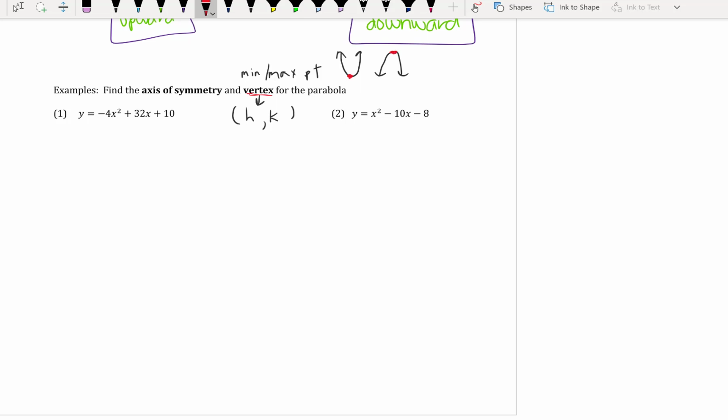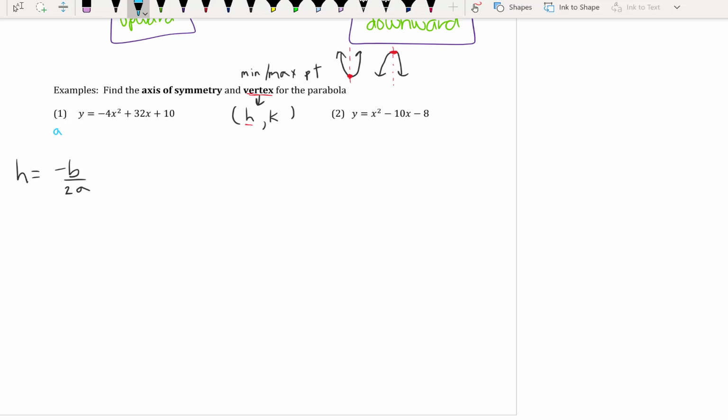The axis of symmetry is going to be that line where it's symmetric on both sides, which really just represents this h value. The equation to find h is negative b over 2 times a.